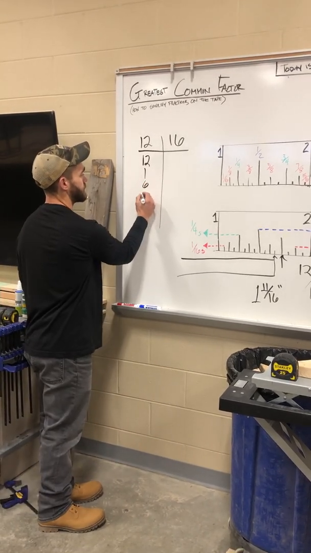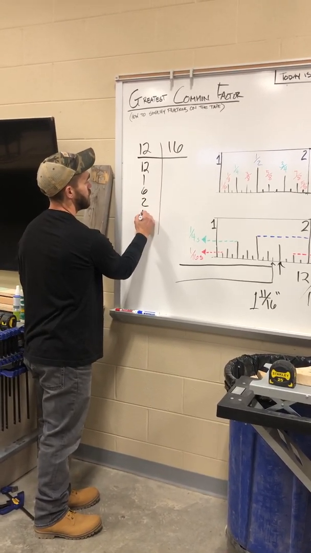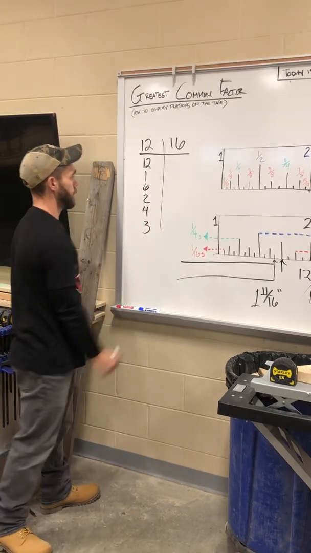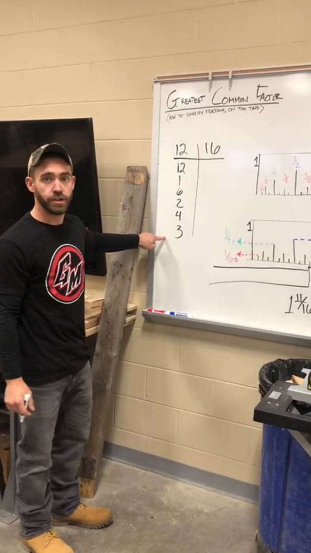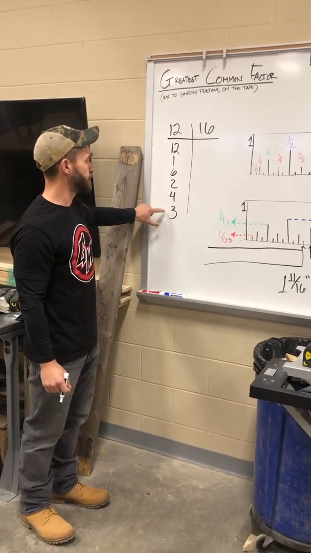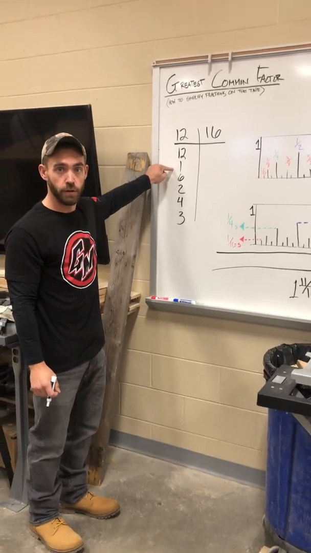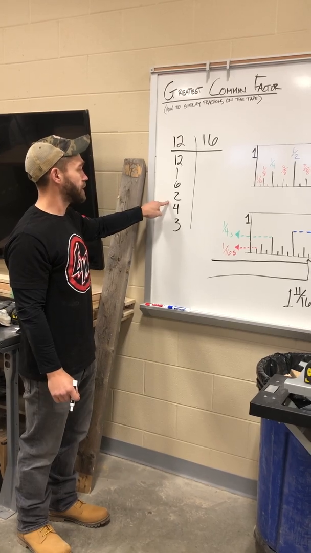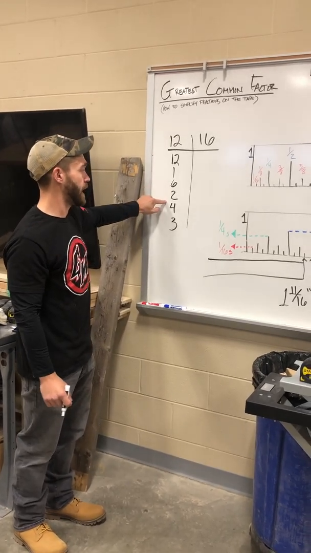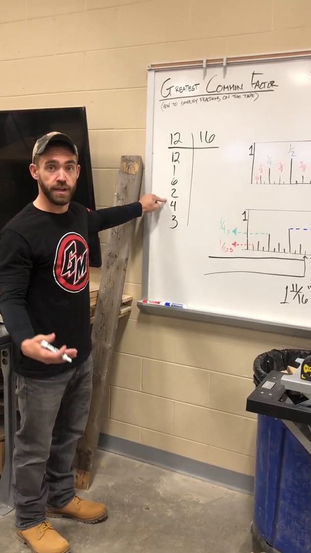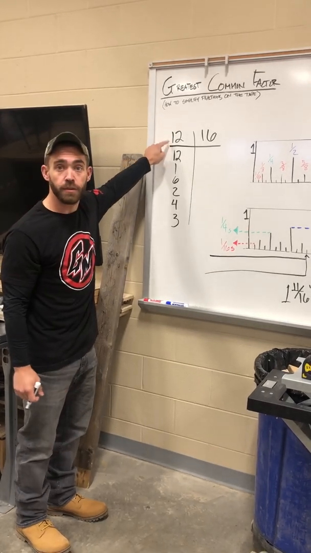Now I have 6, 2, 4, and 3. These are all my combinations that I can get up to. 4 times 3 is 12, 6 times 2 is 12, 12 times 1 is 12, okay? 5 is not a factor because if I multiply out, 5 times 2 is 10, 5 times 3 is 15, 12 hits in between there.